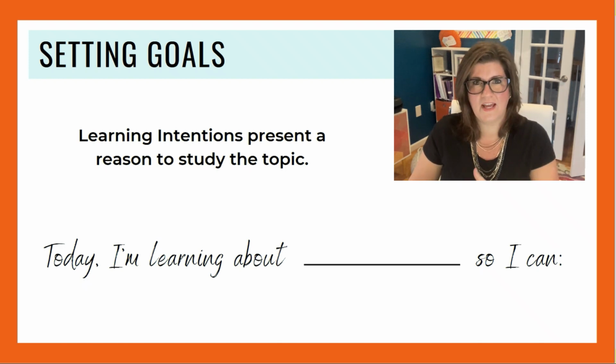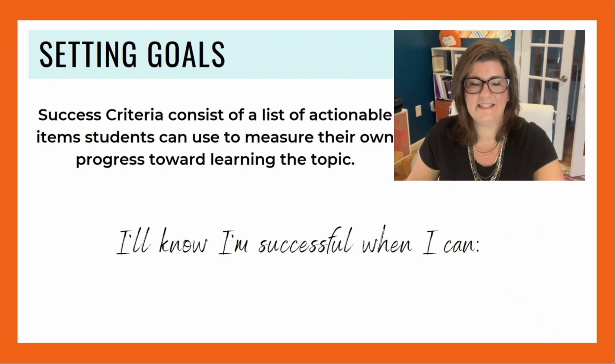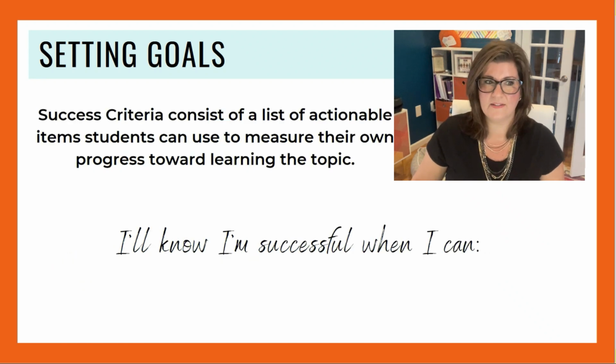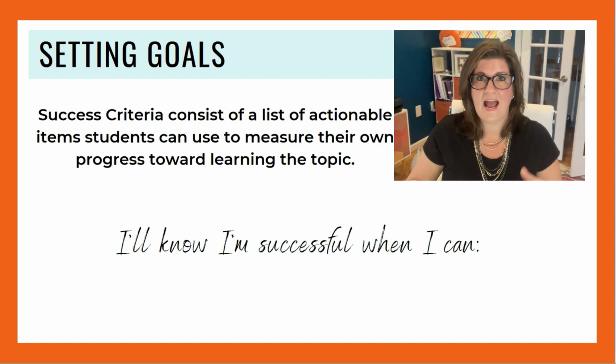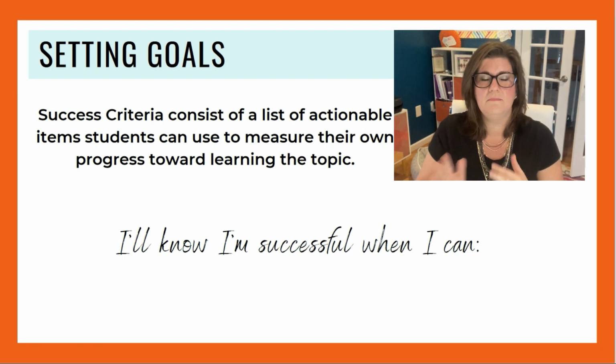And then the other side of that coin, not the core idea, but the practice, is the success criteria. So success criteria you could think of just as an actionable list for students to use. And this is what makes it so wonderfully student-centered, is that they could actually use that list to then measure their progress toward learning.